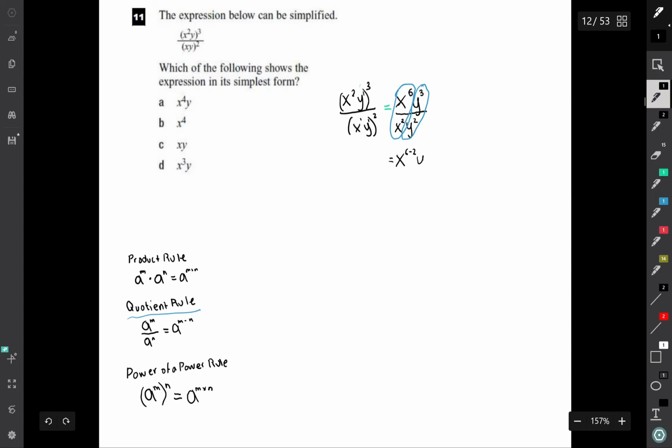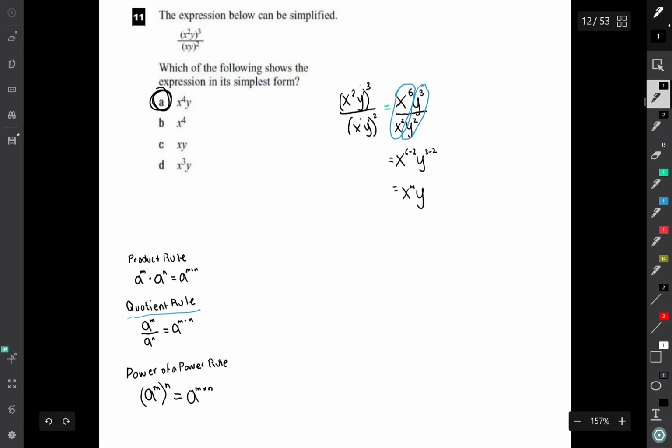The exponent on my y is going to become 3 minus 2, which simplifies to x exponent 4, y exponent, well, that's going to be 1, but I don't have to write the 1. So, looks like that is A here. Okay, good.